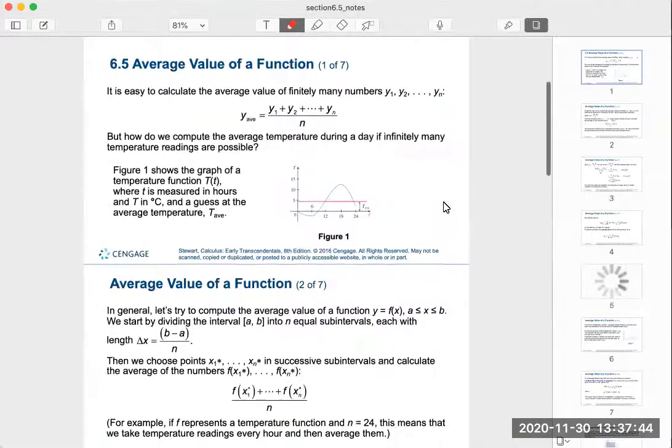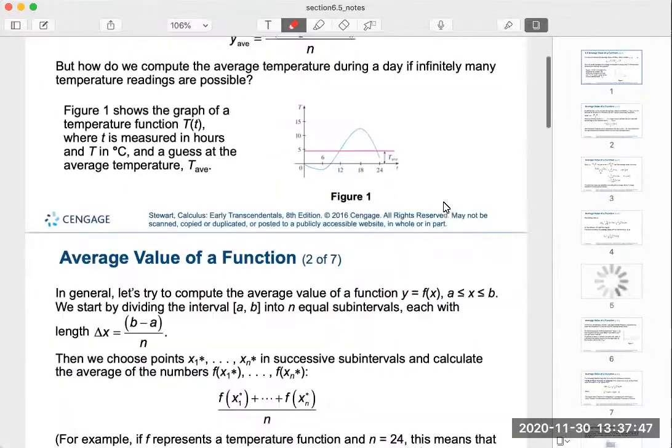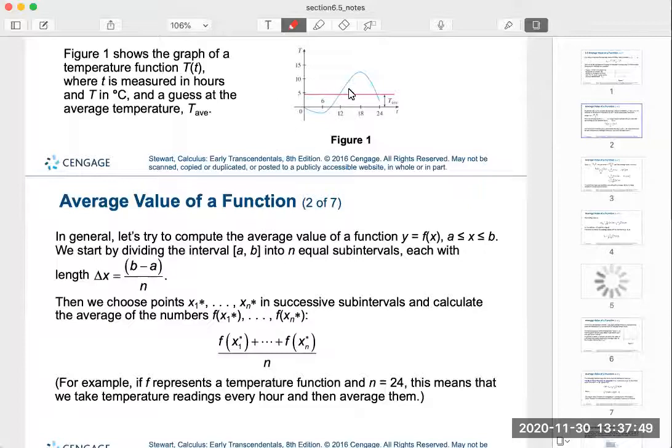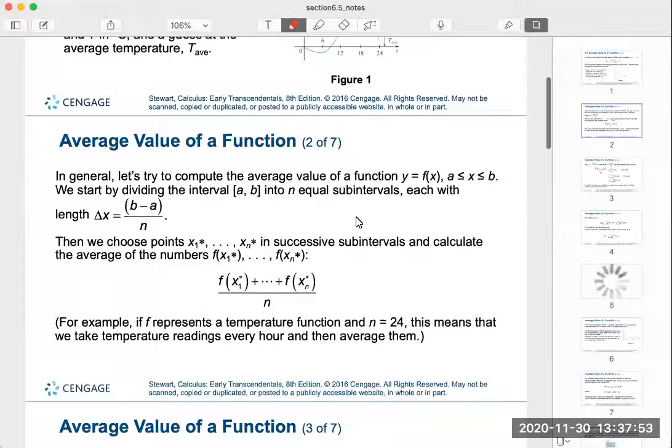Similar to the Riemann sum idea, we subdivide the domain from 0 to t, or in general, we consider the function y equals f of x, where x is from a to b. Then delta x is the distance in each interval, which is b minus a over n.